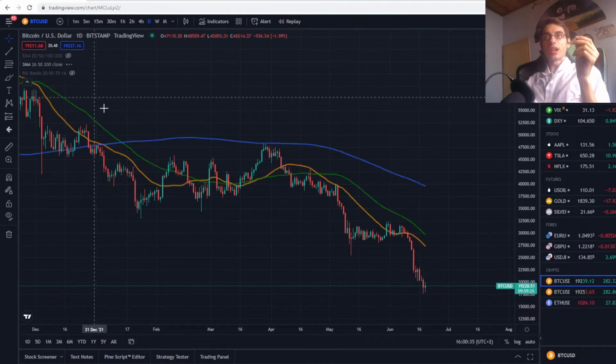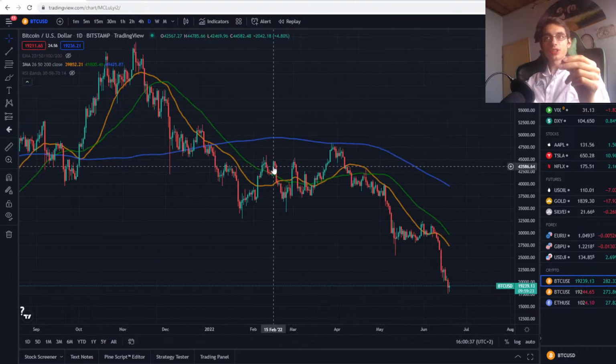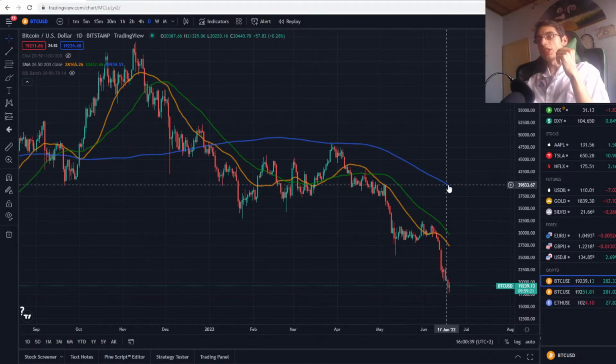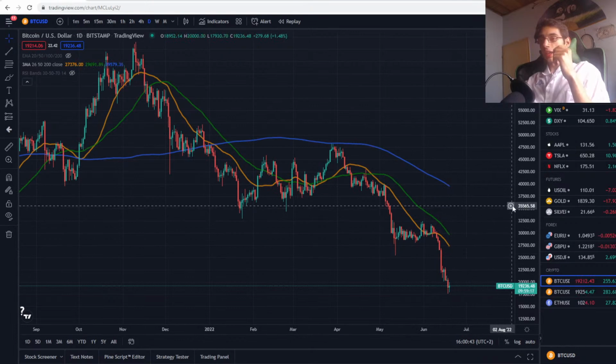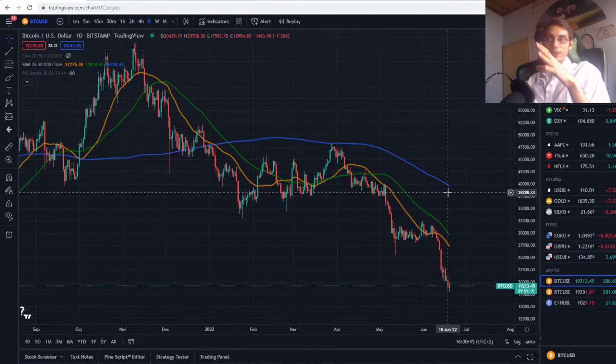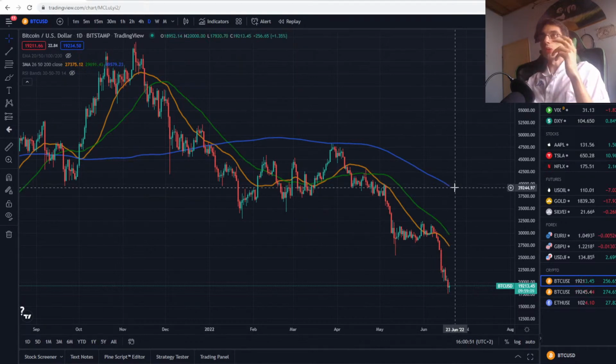The others are simple moving averages. These are the 200, the 50, and the 26. Why are these the SMAs we are going to use? Because they are the most used by all traders.